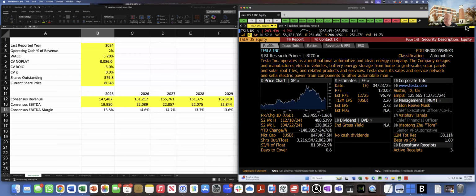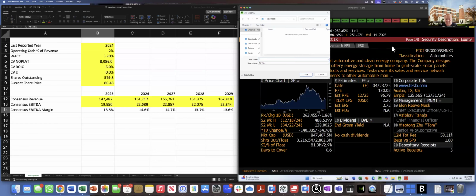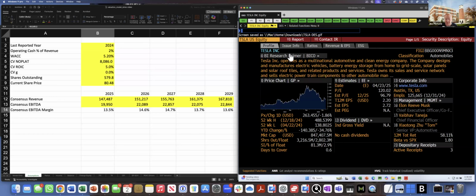So right now, take screenshot, save. And I'll call this my Tesla DES, because the price at the top of that DES screenshot is going to be our as-is price. And then here is the shares outstanding that we're going to need.